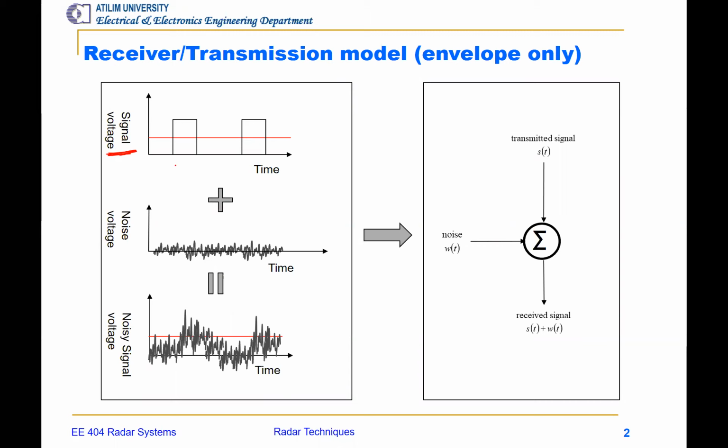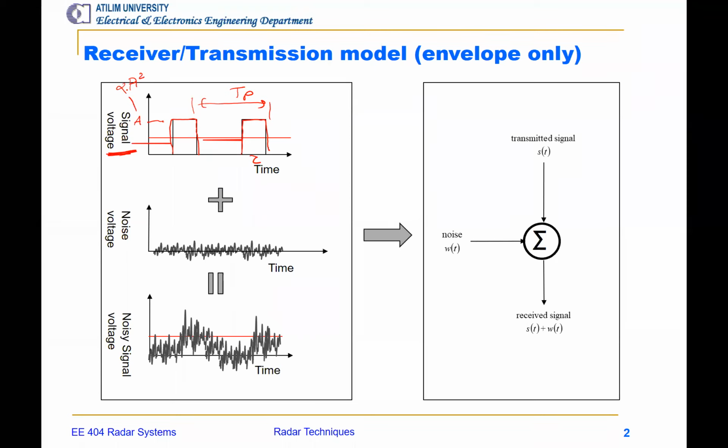This is an illustration, the simplest signal model. You may simply consider this as a radar pulse, and it repeats itself at every TP. Its duration is tau. It has a voltage value, A, let's say, so its peak power is proportional to A squared.